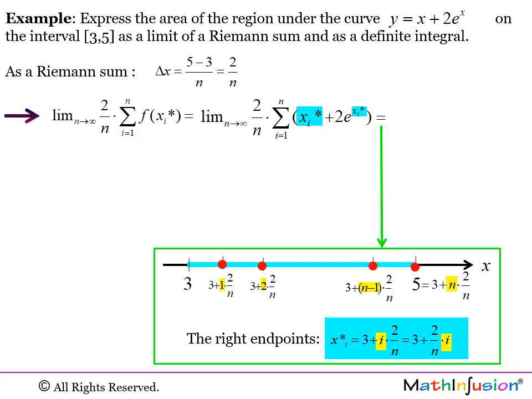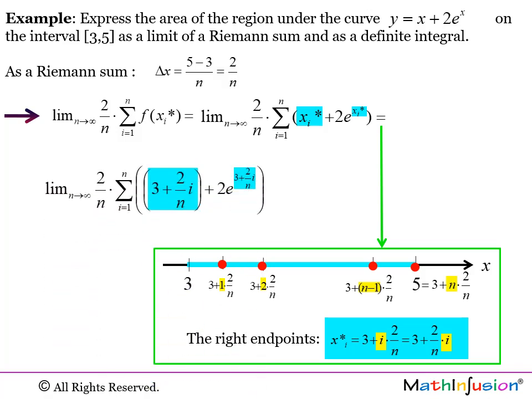It means that now I'm going to replace all the x sub i stars with this one. Now I'm just going to substitute this into the sigma notation.